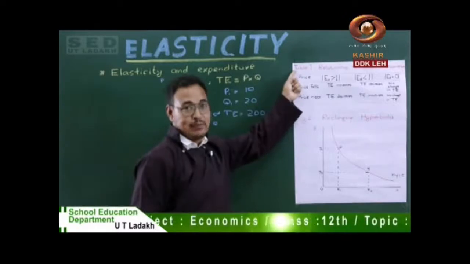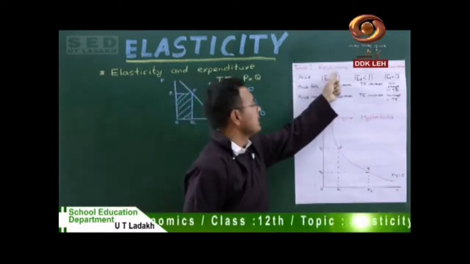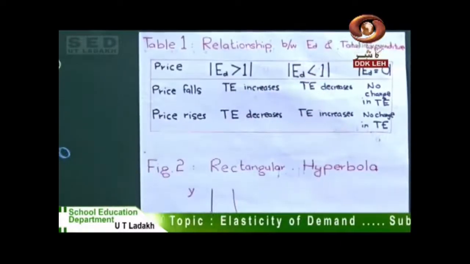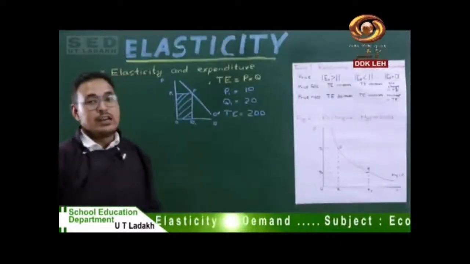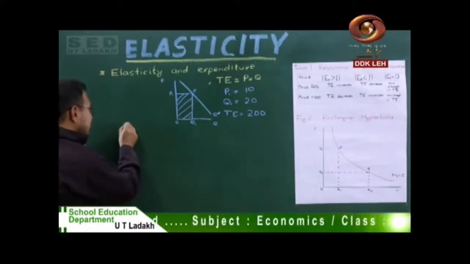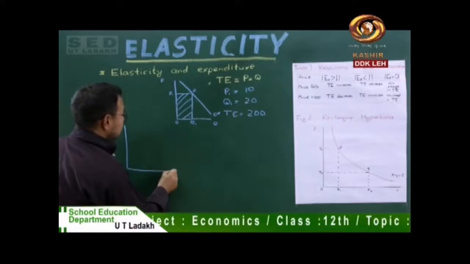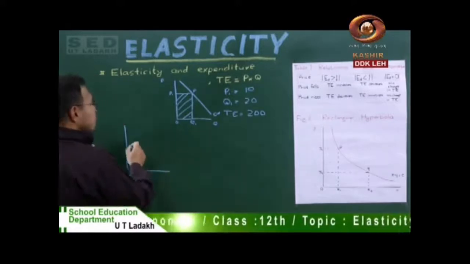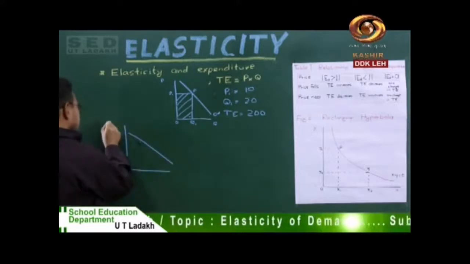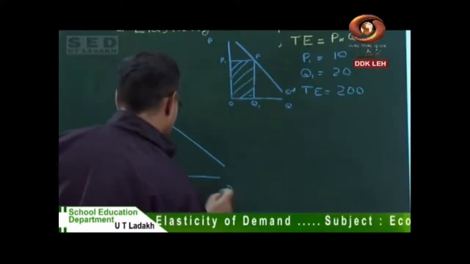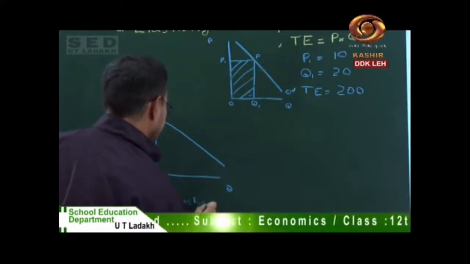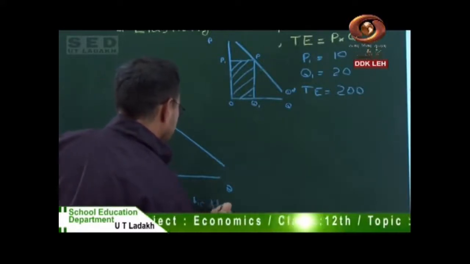Now I am using this table to understand the relationship between elasticity of demand and total expenditure. So far we know that we have certain kinds of elasticity of demand curve. We are taking three cases. This is your first case, when your elasticity is greater than 1. Say this is P, this is Q, this is an elastic demand curve.